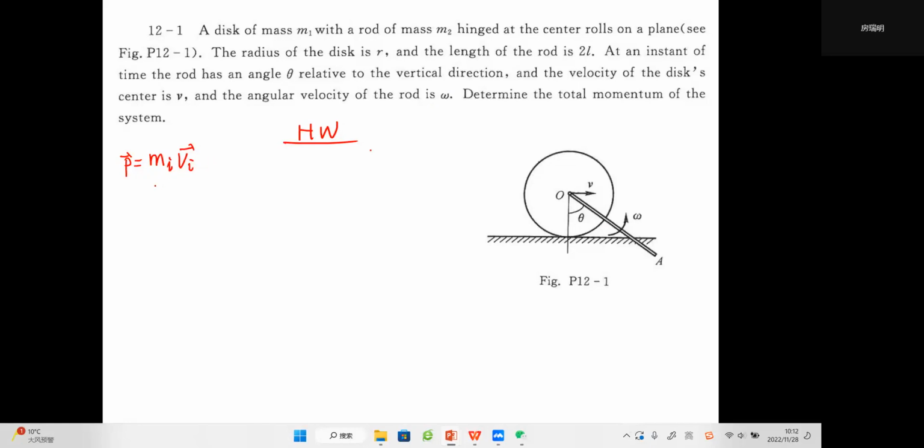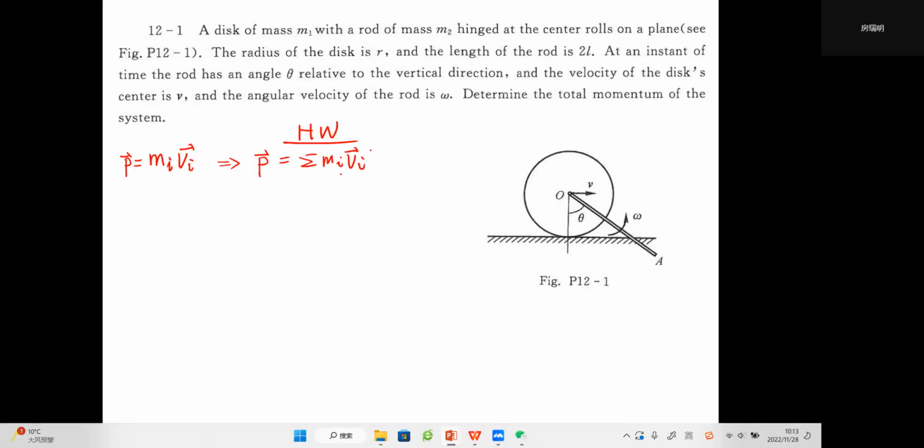So if we know the momentum for a single particle, then we have the concept about a system of particles. So we will have P equal to the sum of mi vi, right? Because in a system of particles, there are a lot of particles.